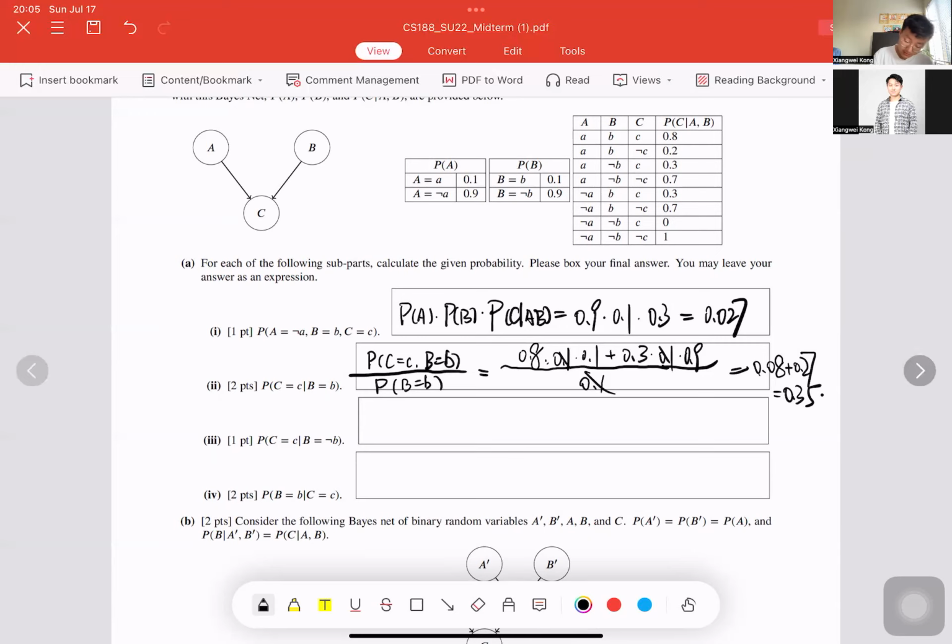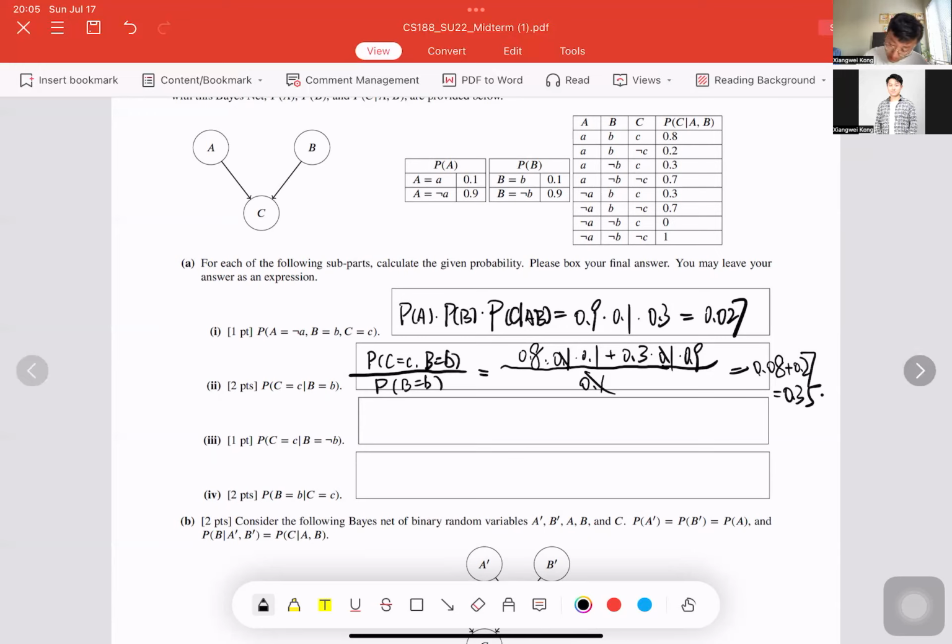Next, we just calculate C equals c given B equals not b. So we also find values in the CPT that have C equal to c and B equals not b.